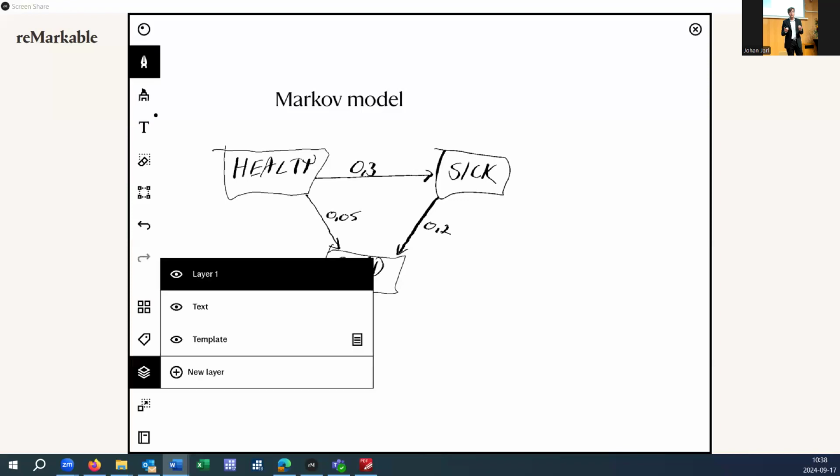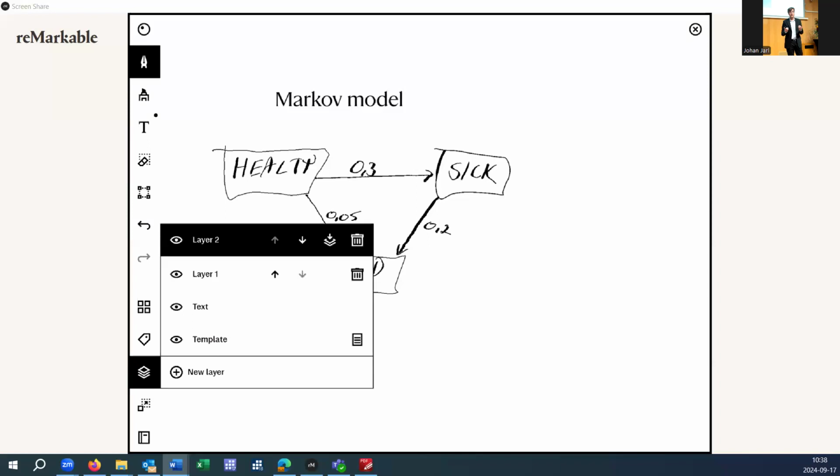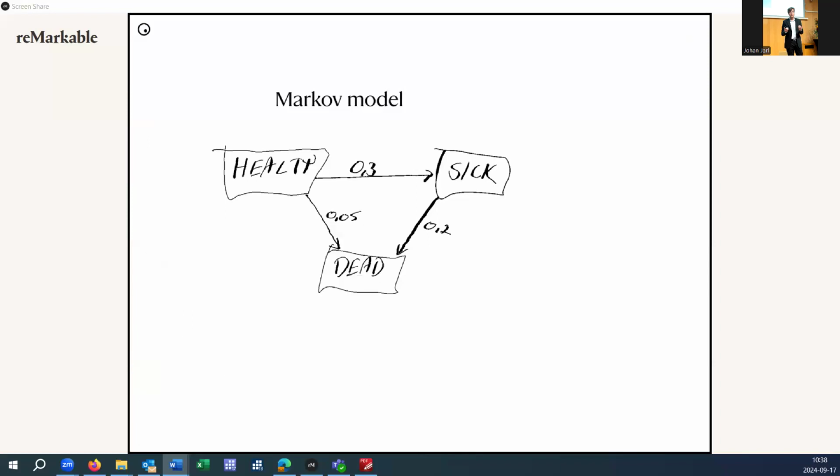We can now run our model. Let's consider 100 persons initially in the healthy state. After the first cycle, 5 persons will have died and 30 will have fallen sick.